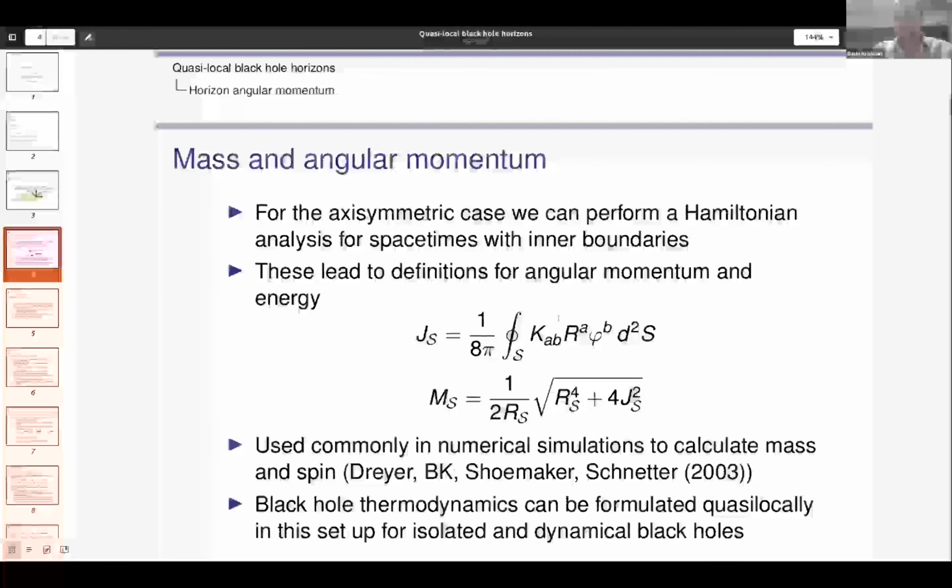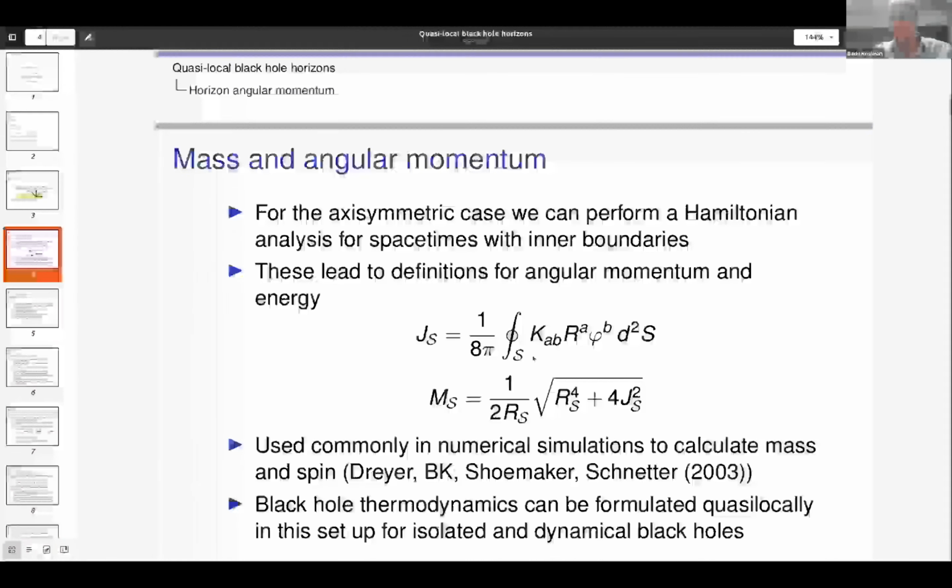So it is the extrinsic curvature that appears here first, and this is the radial angular part of this extrinsic curvature. A key ingredient here is this choice of phi. There's a lot of discussion on how to choose phi, whether the horizon is axisymmetric or not, and so on and so forth. But if you're given a phi for which you want to calculate the angular momentum, then this is what you should do.